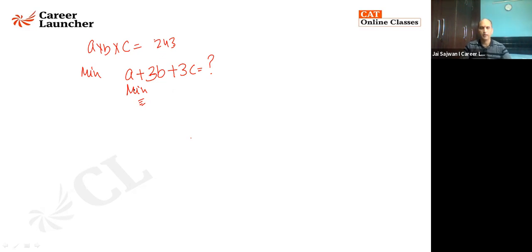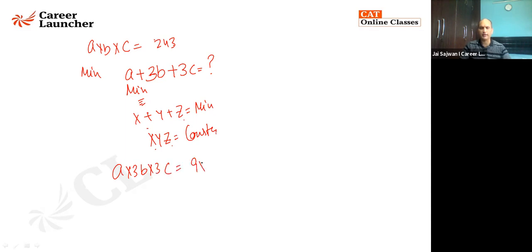Okay, now I wanted to find out the minimum value of it. I can take x plus y plus z. If the product x, y, z is constant, the sum of the values will be minimum whenever all of them are the same. Fine. So what is the product of a into 3b into 3c?